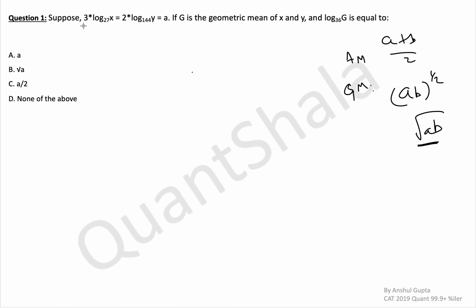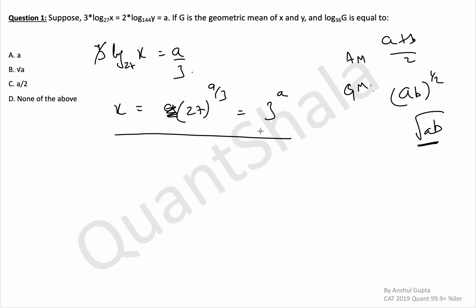Now this question says, let's take these two equations separately. First we'll take 3 into log 27x is equal to a. Which would mean you can take this 3 this side and you can say x is equal to 27 raised to power a by 3, or you can also say this is 3 raised to power a because 27 raised to power 1 by 3 is 3.